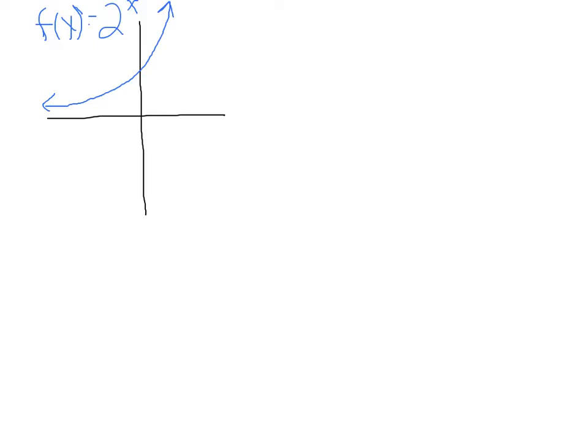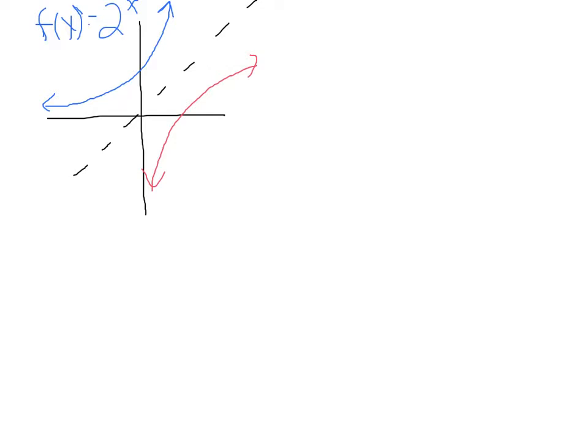If we wanted to graph the inverse, then in the second skill of the section we learned an inverse is a mirror image along the y equals x line. So the inverse function of f might look something to the effect of a curve that does something like that. And that's our exponential growth function.